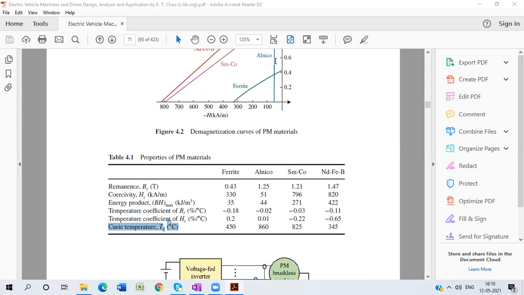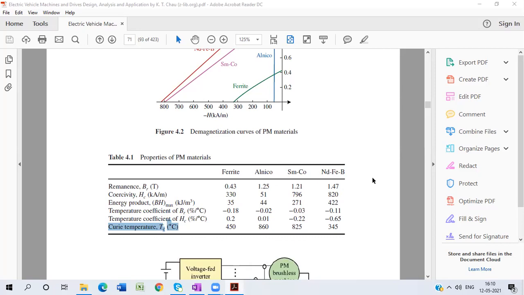So Toye, the Curie temperature means the temperature above which the permanent magnet loses its property. Yes, Karthik, the permanent magnet material becomes paramagnetic; it loses its property, going from ferromagnetic to paramagnetic. This is not desirable for higher temperature.